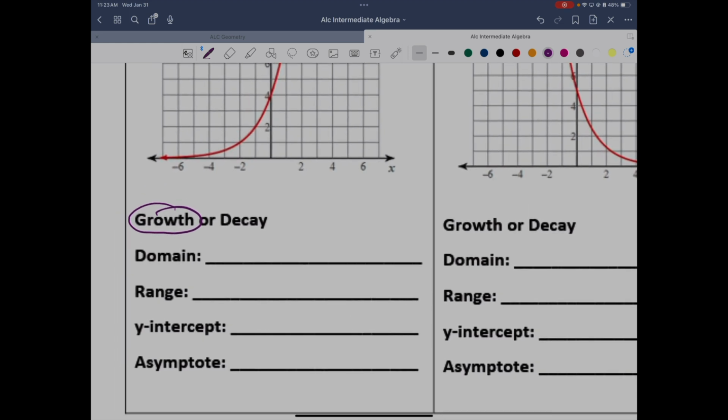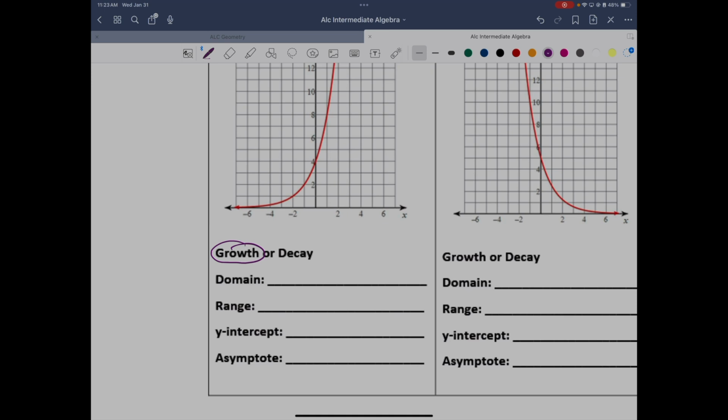The second is the domain. Have you talked about domain and range at all in here? Yes. Okay. Domain is how far a graph goes left and right. So you start where it's the smallest on the left-hand side, and you continue through all the points in between till it stops going left to right.